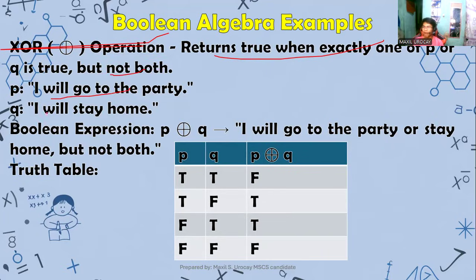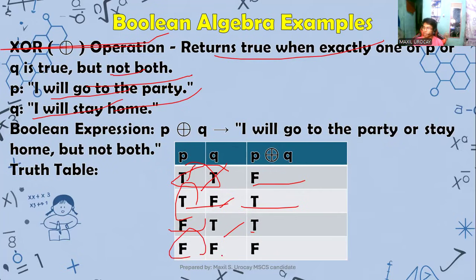So I will go to the party, or I will stay at home, but not both, of course. So what is going to happen? True plus true is not exactly one, so it will become false. True plus false is exactly one, so it will become true. False plus true will become true. False plus false is false.